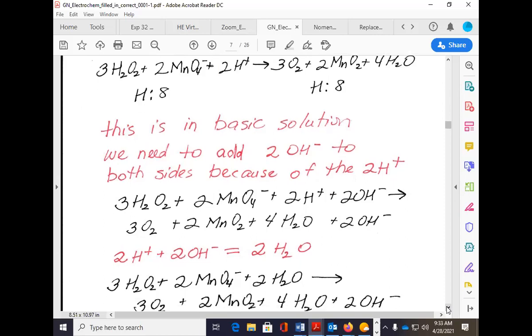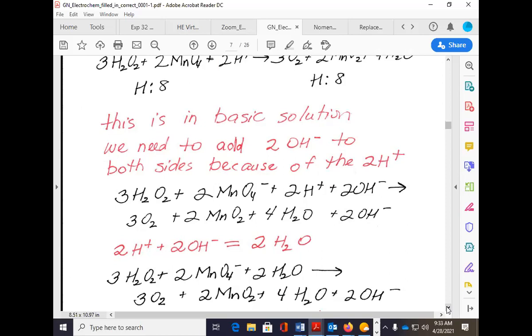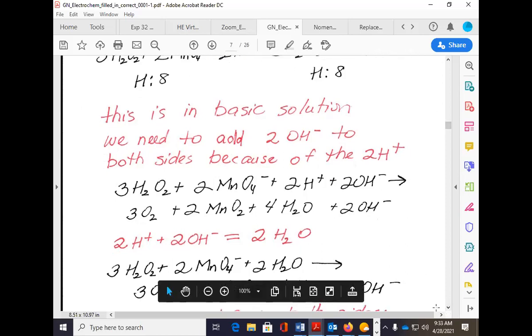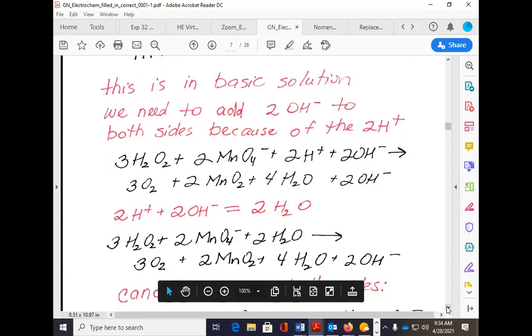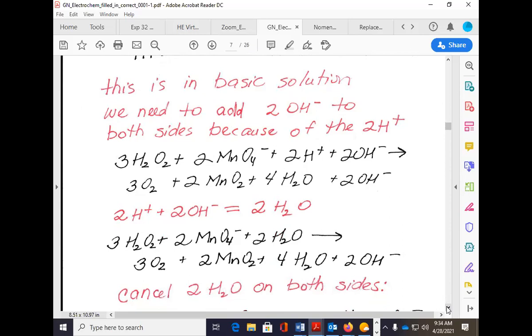And then we have the product side already. And now we just need to cancel the 2 waters on both sides. Okay, so try to do that on your own. Cancel the 2 waters on both sides and write what you're left with.